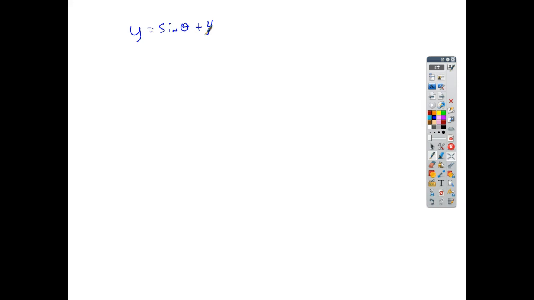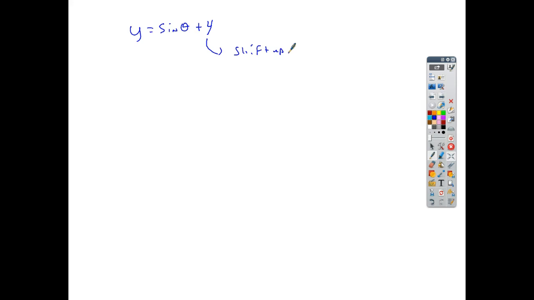If you think about it, this graph is going to give you a number, and every time you add 4. So the whole graph's going to go up 4. A number hanging off the back is shift up or down. That's all it does. That's a good one. We like that one. Give me lots of those.